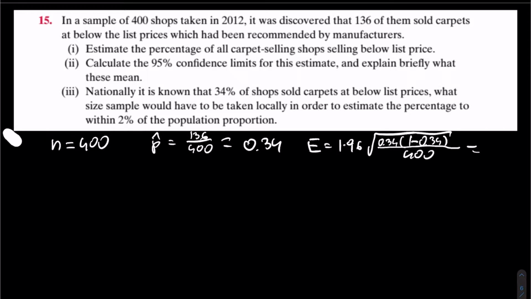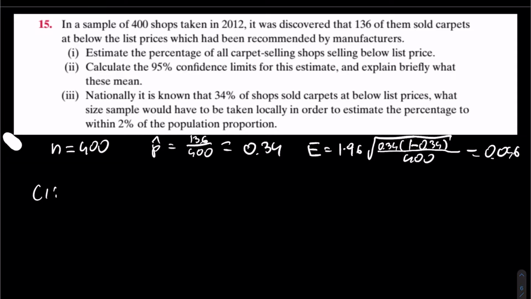I do this calculation on my calculator: 1.96 multiplied by the square root of the fraction 0.34 times 0.66 divided by 400. The result is 0.046.